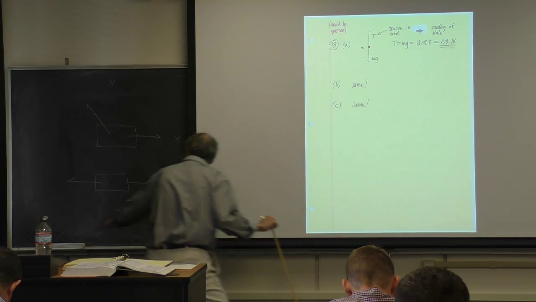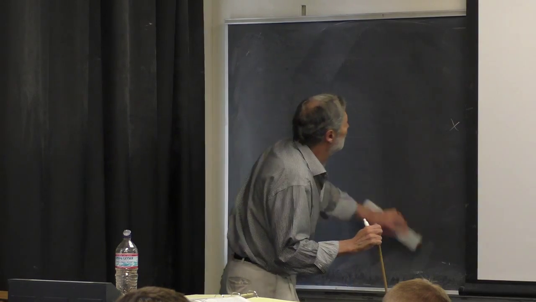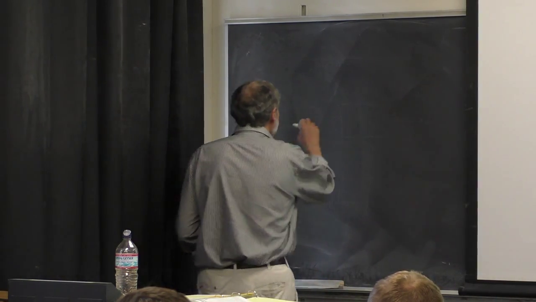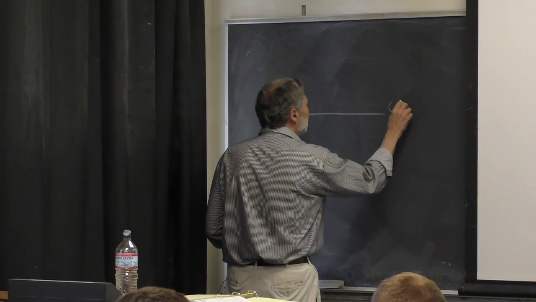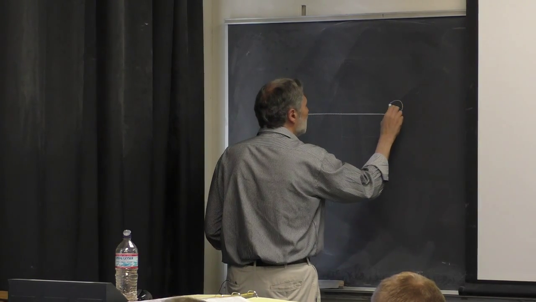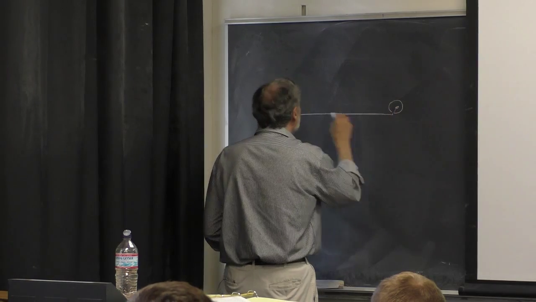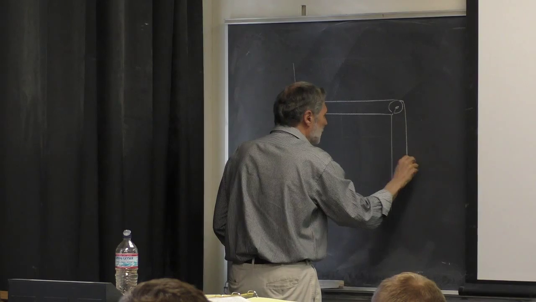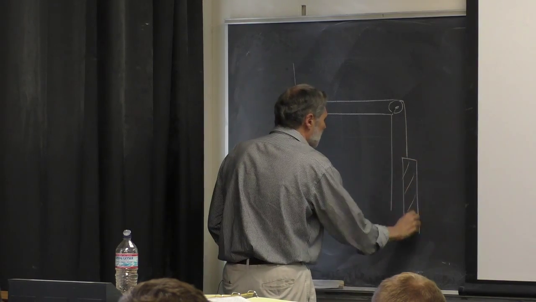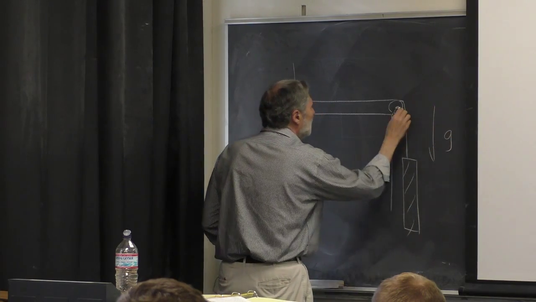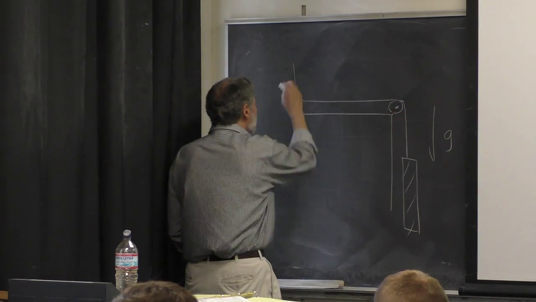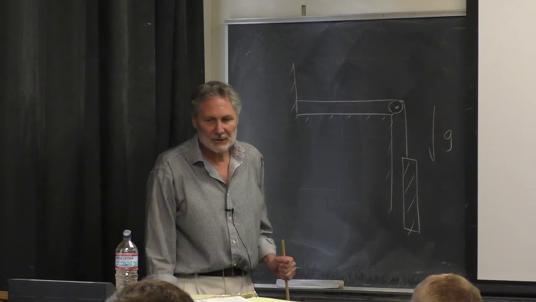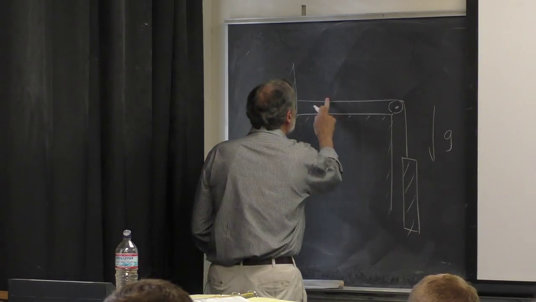The next situation is this. So we have a pulley here. There's the salami, and now the spring scale is here.